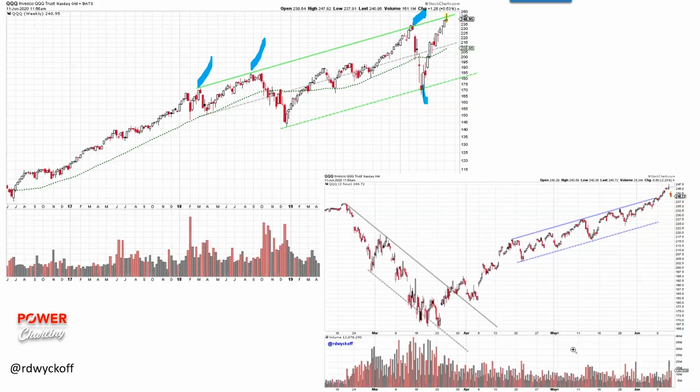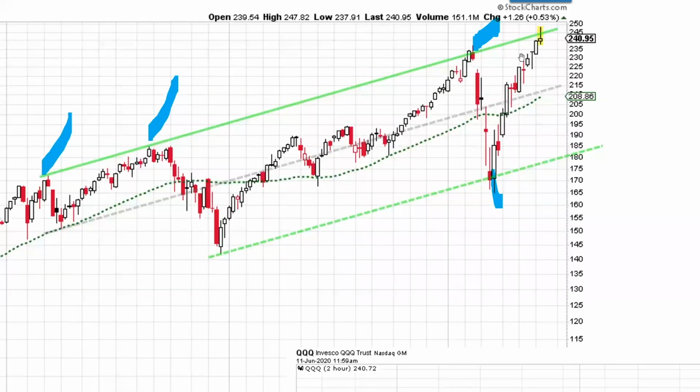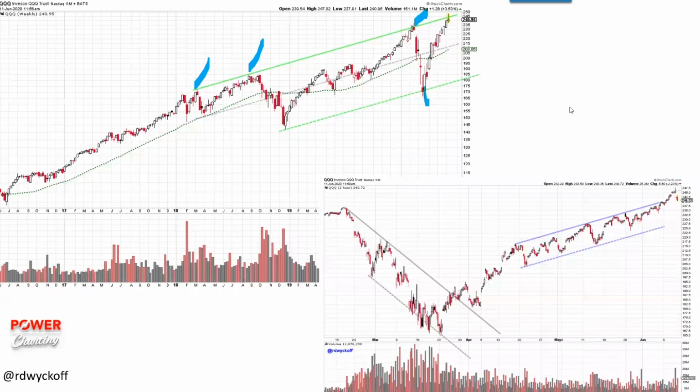So this is, I think, a very important event and suggests that at least for a time, we may have to come back into the middle of the channel. Possibly we consolidate near the highs of the channel, which would be bullish, but we will keep a close eye on that.